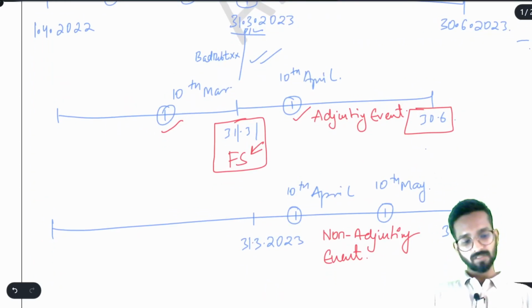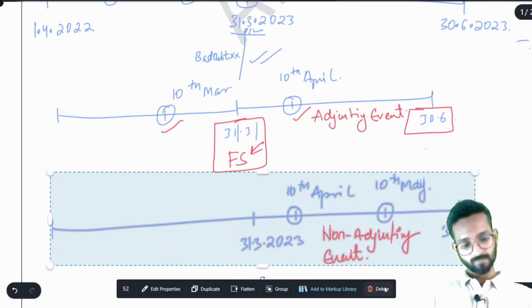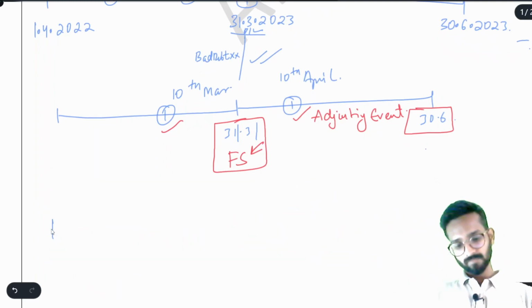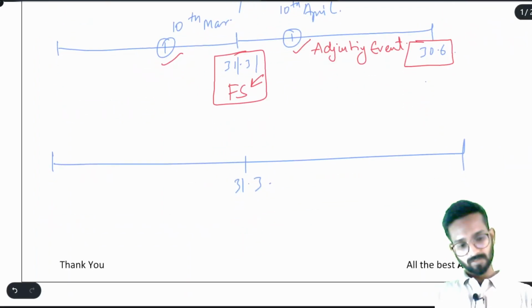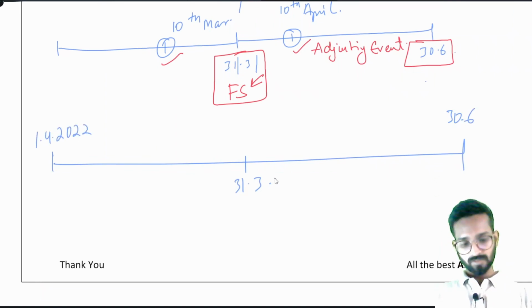For example, suppose in this period, this is 31st March here, this is 30th June, this is 1/4/22, this is 23.